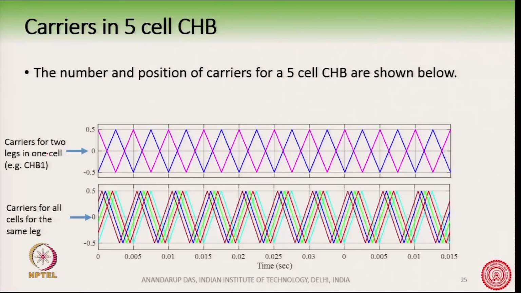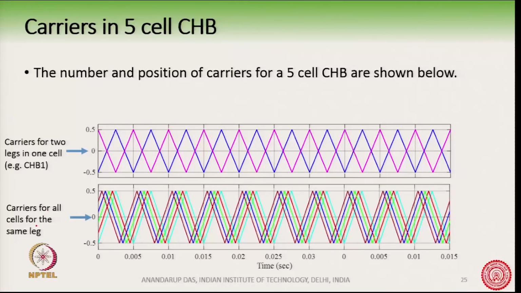See, for example, if there is one cell, then these are the carriers for the two legs of one cell, left leg and right leg, and they are 180 degree phase shifted.